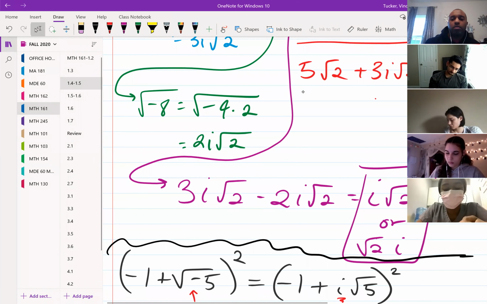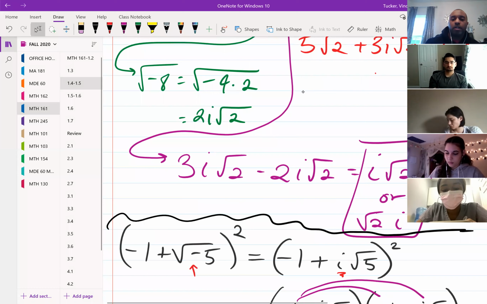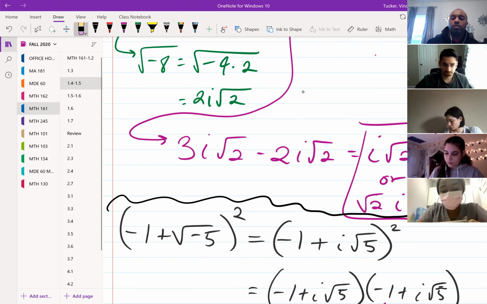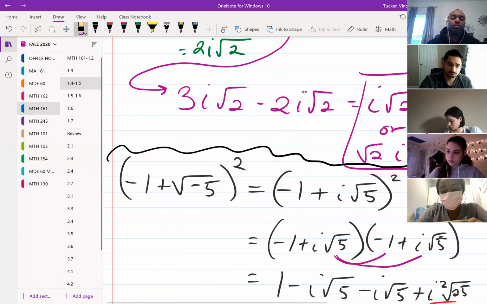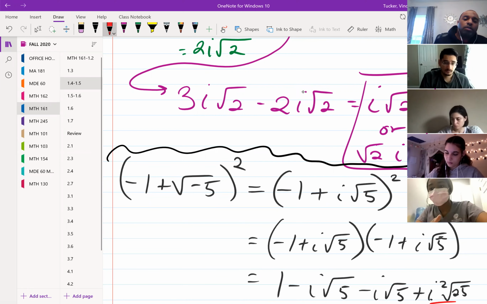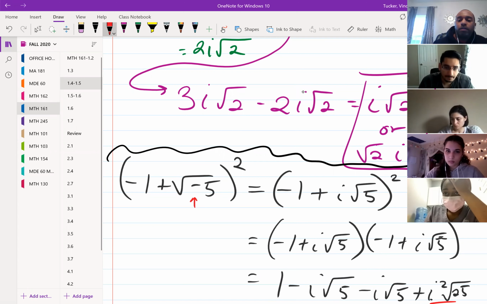All right, so next one, we have negative 1 plus square root of negative 5, squared. So the first thing I did was take note of the square root of that negative, and so I turned that to i.